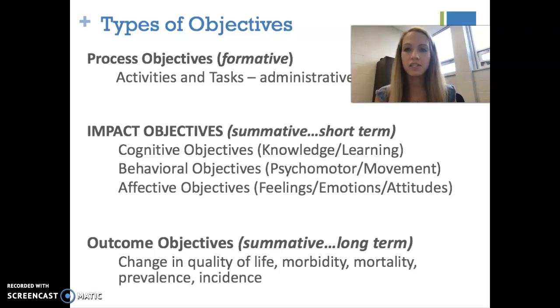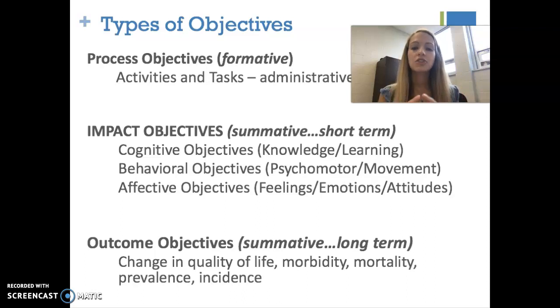I'll show you lots of examples so that you can understand the difference in cognitive, behavioral, and affective. And then this last one, affective objectives, these are items that your program will accomplish by making the participant feel differently, have different emotions, different attitudes, values, beliefs. All of those things are affective objectives.